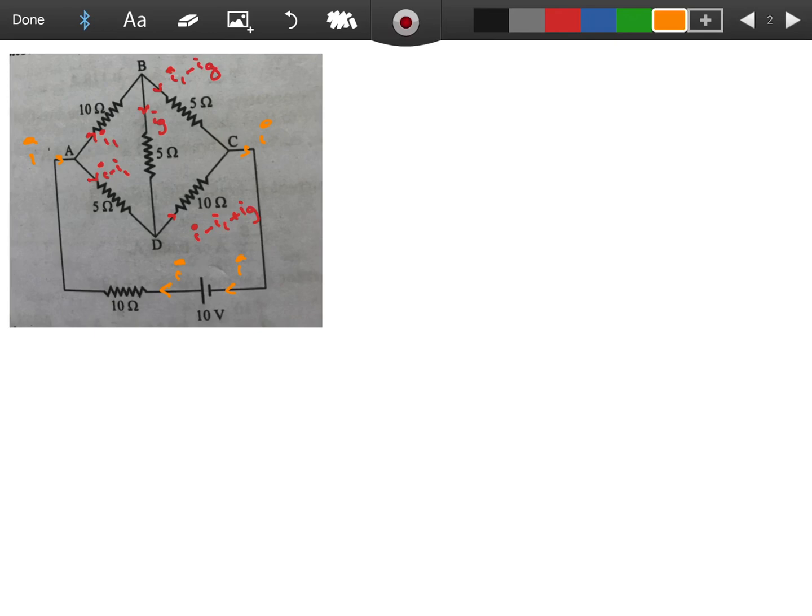Now coming to the loop B, D, C, B. Loop B, D, C, B. The loop is like this, I am going in this manner. B to D you are going, when you are going B to D, your current direction, IG direction and your loop direction same, then minus 5 into IG.